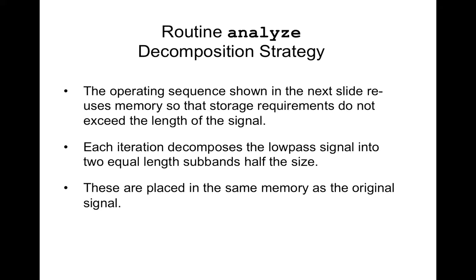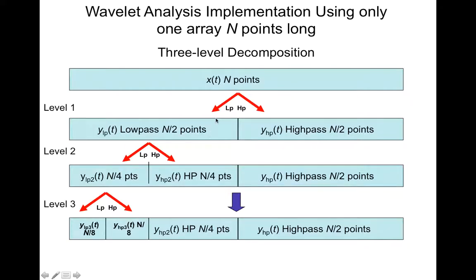So let's look at what's really going on here. So we have a signal with endpoints. And this is an example of a 3-level decomposition. So we're going to decompose low pass and high pass. And then we're going to take the low pass part and further decompose it into low pass and high pass. And then we're going to take the low pass part of that and further decompose it into low pass and high pass.